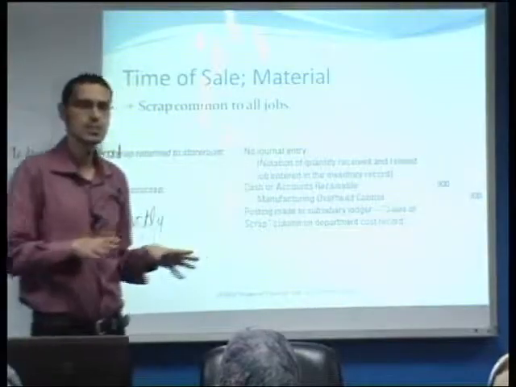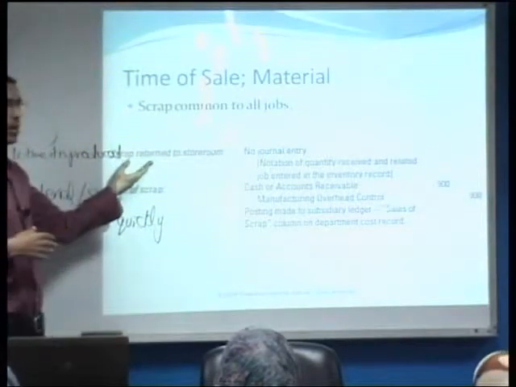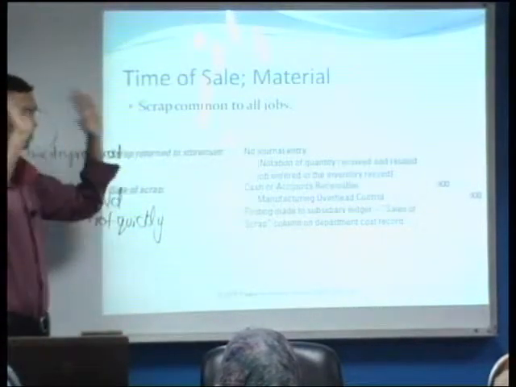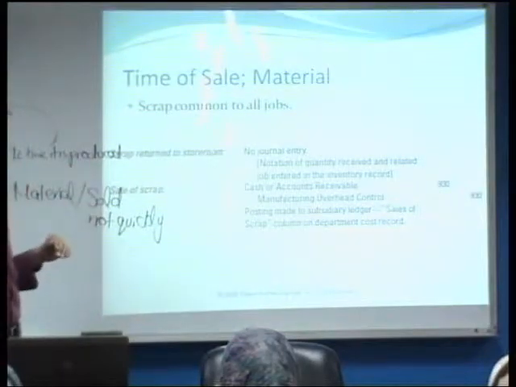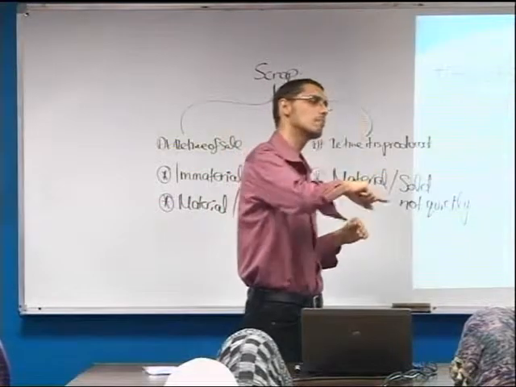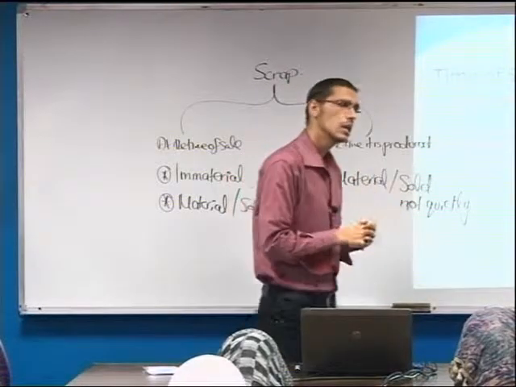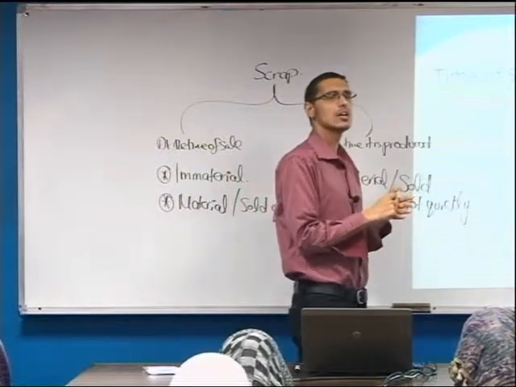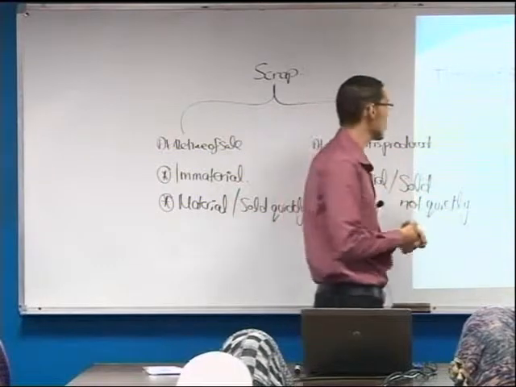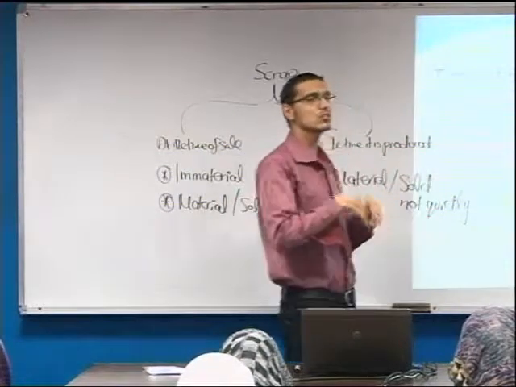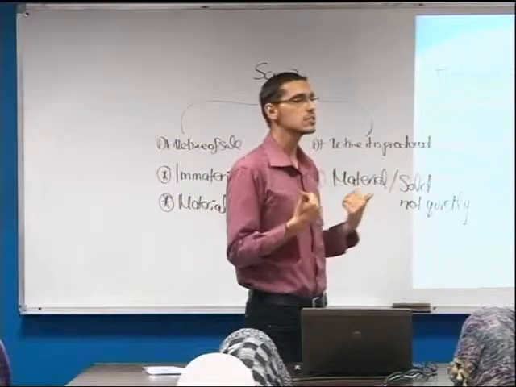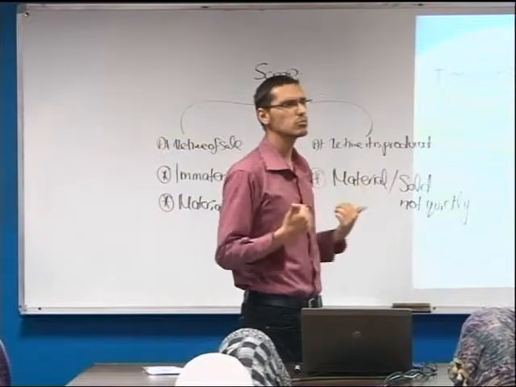In this case, also, when we return the scrap to the warehouses, we are not going to consider anything from an accounting perspective, but from a managerial perspective, we are going to consider it, of course. We are going to record the physical attributes of the scrap. But when we sell the scrap, we are going to take this from an accounting perspective.